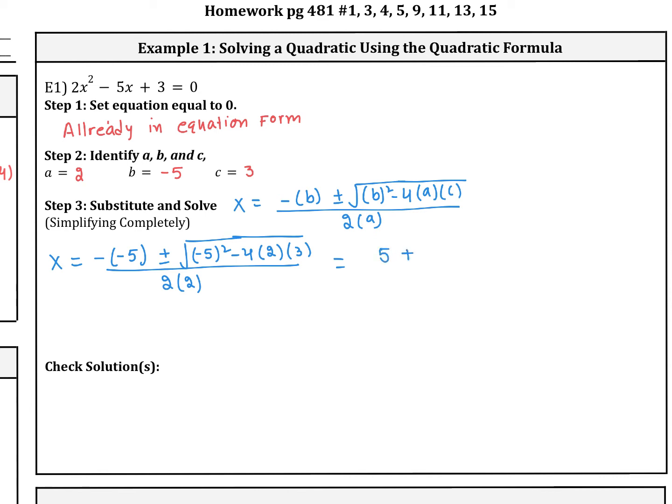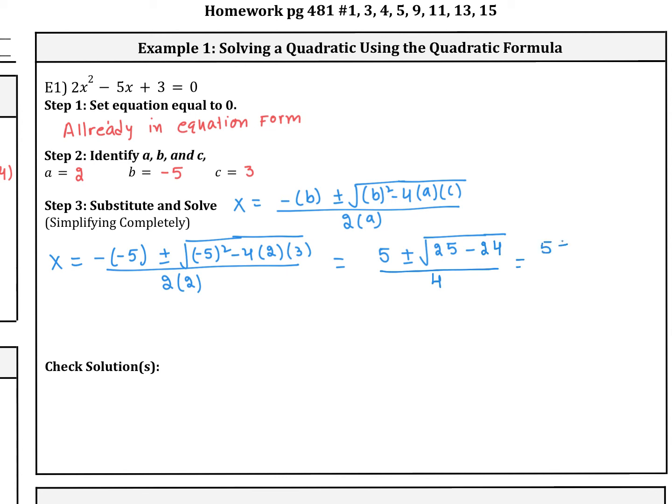And you got here 5 plus or minus the square root of 25 minus 24, since 4 times 2 is 8 and 8 times 3 is 24, and on the bottom you have 4.